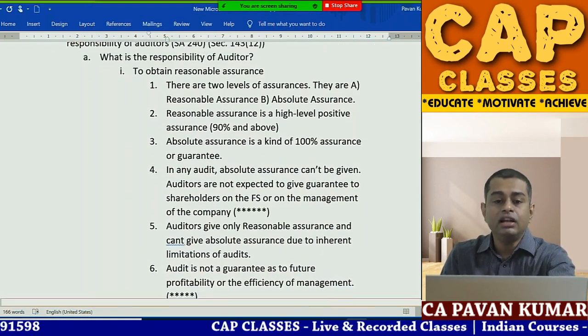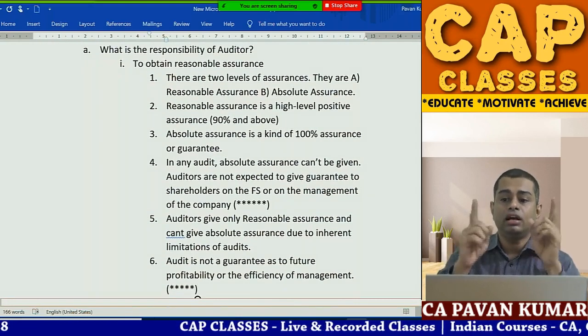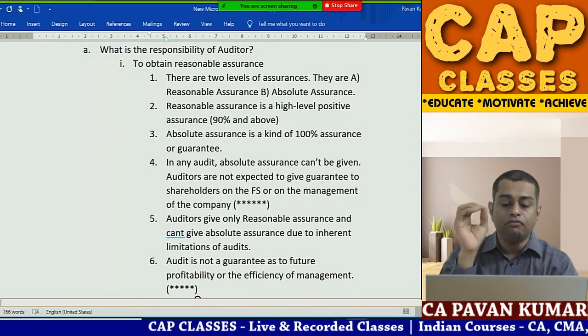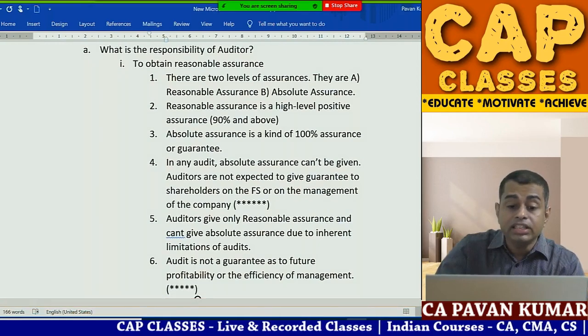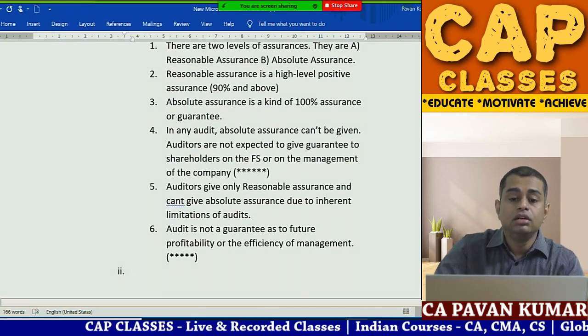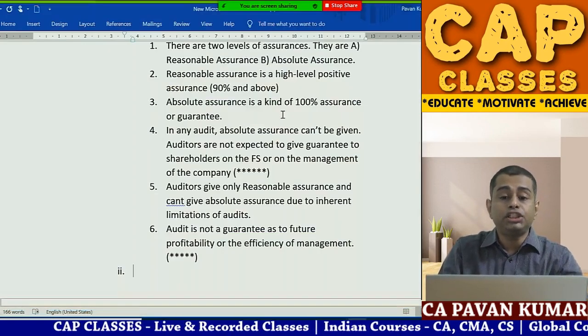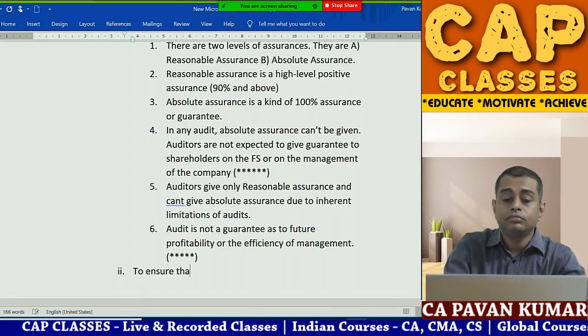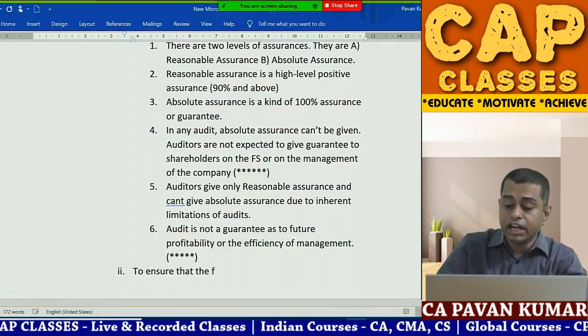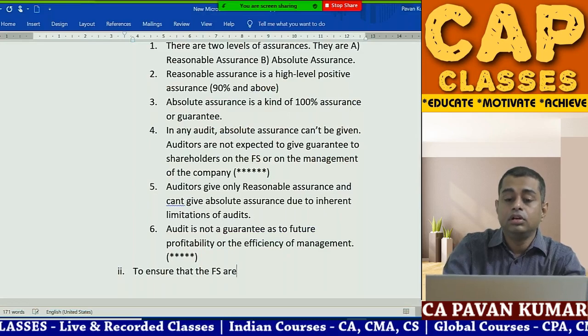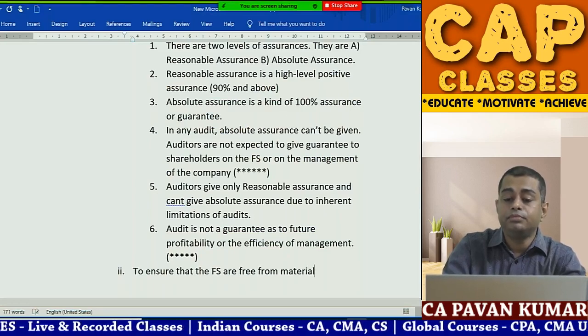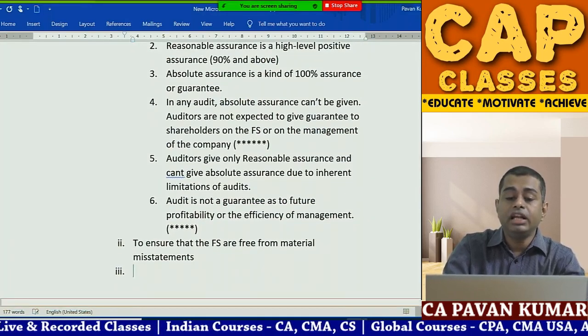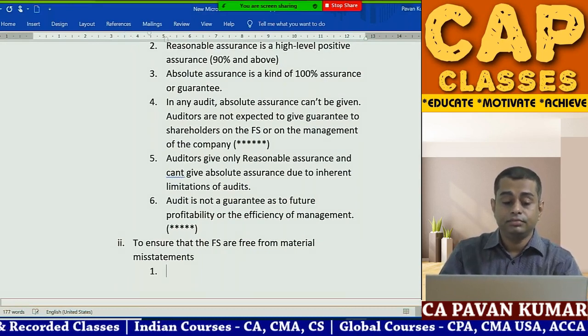So where we started, what is the responsibility of auditor? So from the chart, point number 1, to obtain reasonable assurance. And what is second point? To ensure that the financial statements are free from material misstatements.